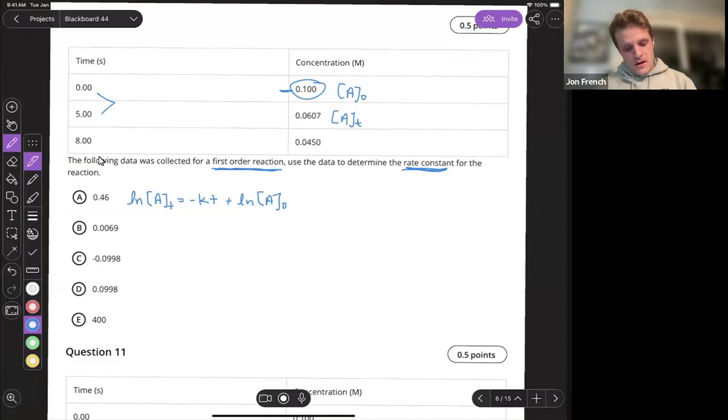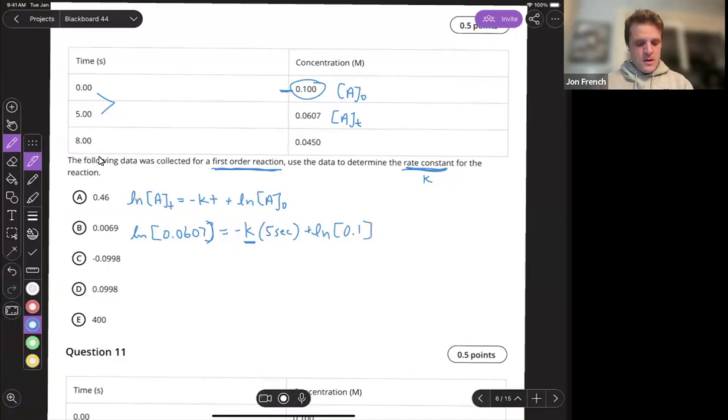So, all right, natural log of 0.0607 equals negative k. We're looking for my rate constant, right? Because rate constant is k times time, 5 seconds, plus natural log of my initial concentration, 0.1.